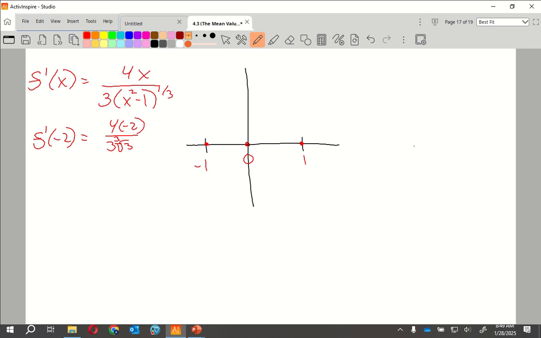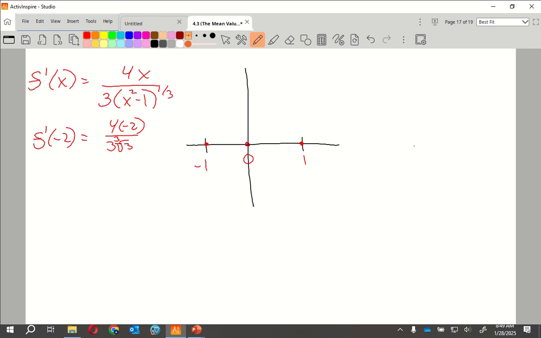So all I need to know is the sign of this. I don't need to know what it actually numerically comes out to be. I just need to know, is it positive or is it negative? Positive numbers are my increasing. My negative numbers are decreasing. So right here, this is going to give me a negative, isn't it? Okay, so I get a negative right there, because right here, that's squared, that became a positive.